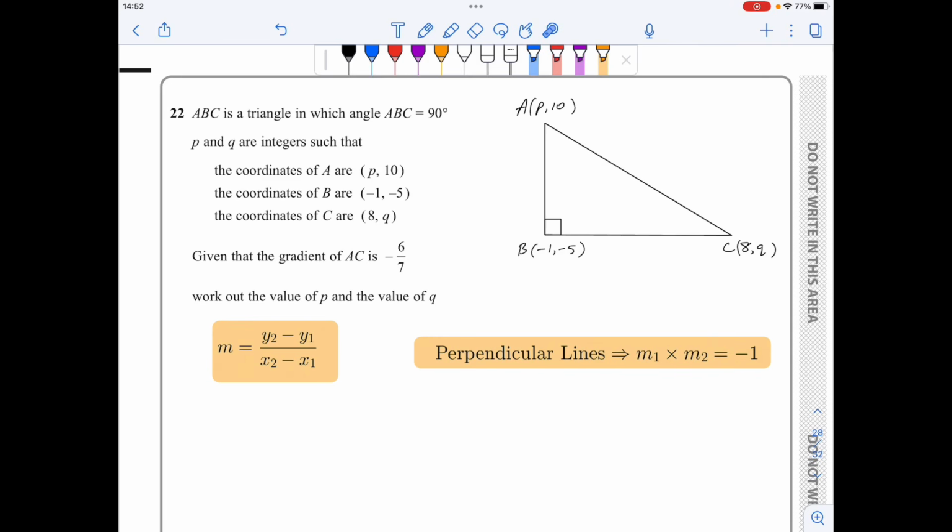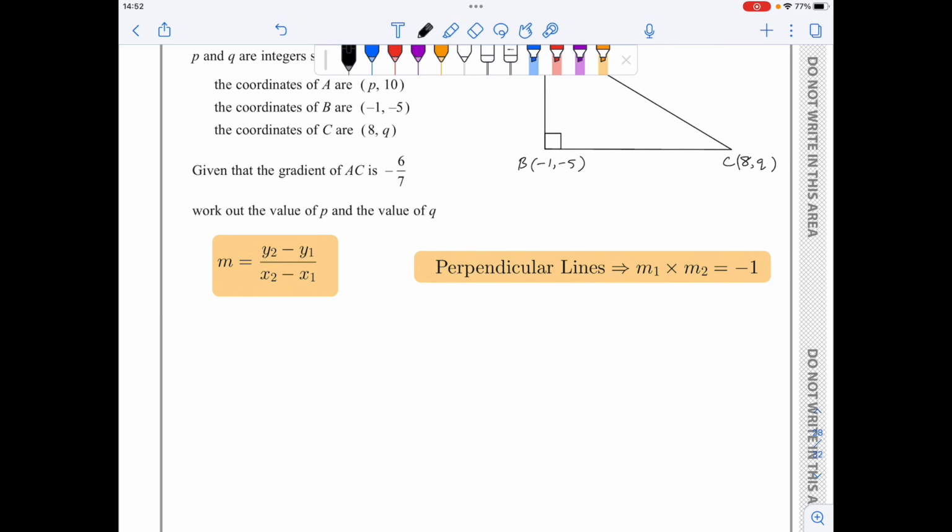So let's start by creating an equation using the fact that the gradient of AC is minus 6 over 7. So using the first formula, the gradient of AC is equal to (Q minus 10) over (8 minus P). This is equal to minus 6 over 7.